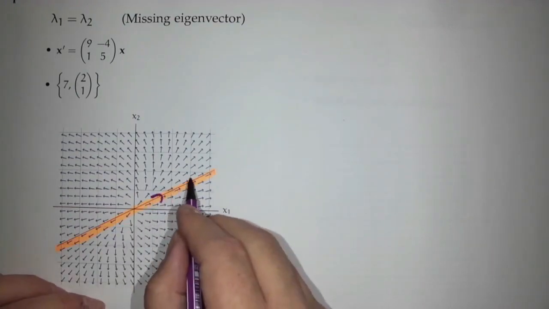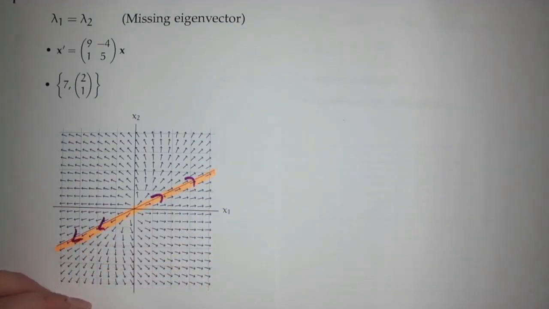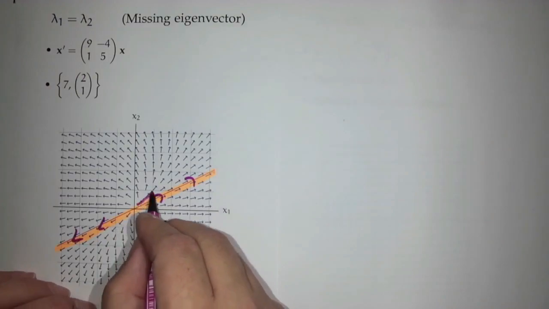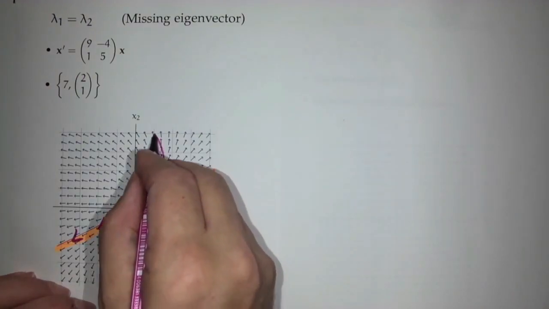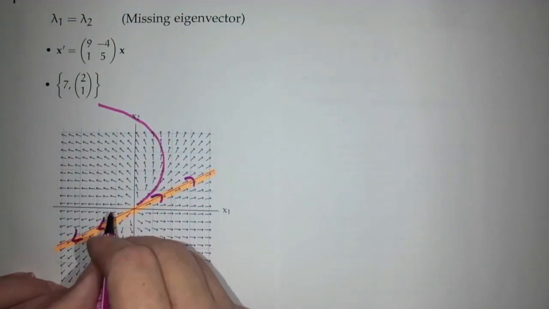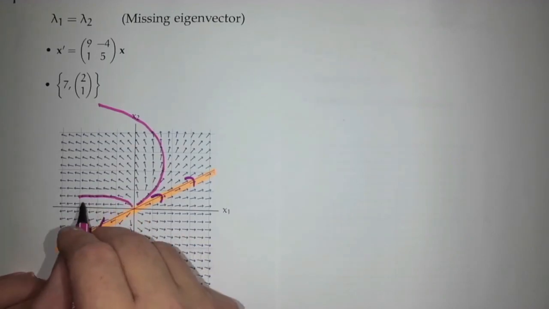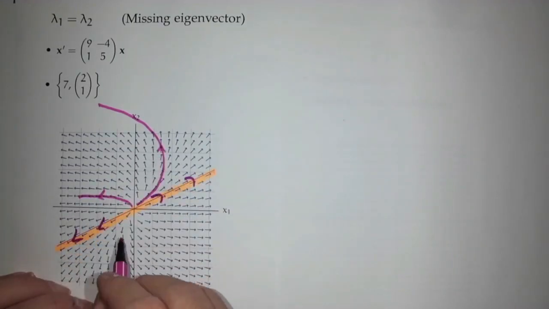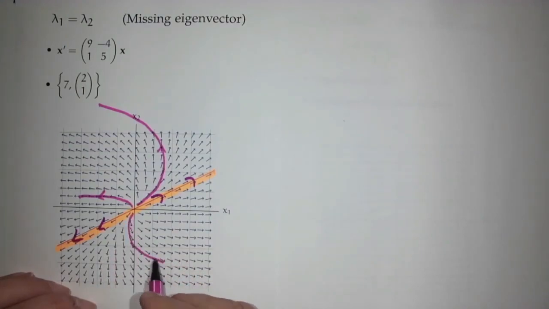So along there, we move out. But if we're not on that, we have some other strange things happening. You can see that there's almost like this twisting going on that's pulling us away somehow. And what's going on? Well, that's a great question, and we're going to talk about that in a future class.